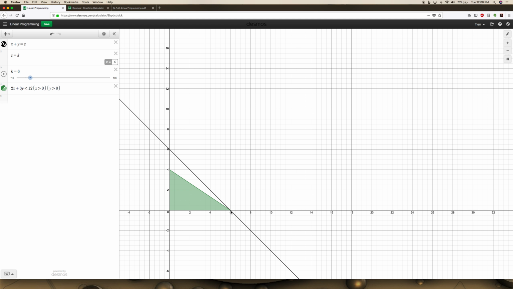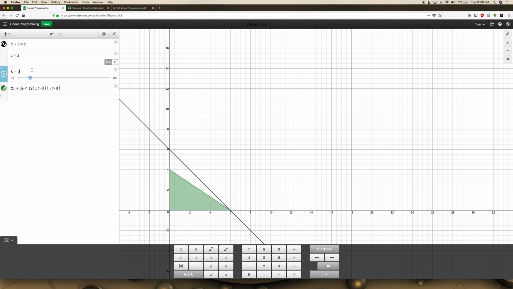This is the collection of points that will make x plus y equal to 6, and it's just the point 6, 0. X is 6, y is 0. That satisfies all of our inequalities, and it makes x plus y have the value 6, which is the biggest value we've gotten so far.